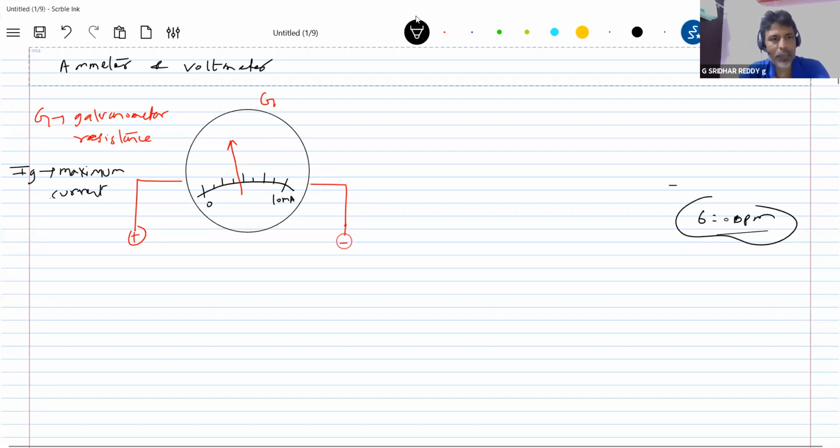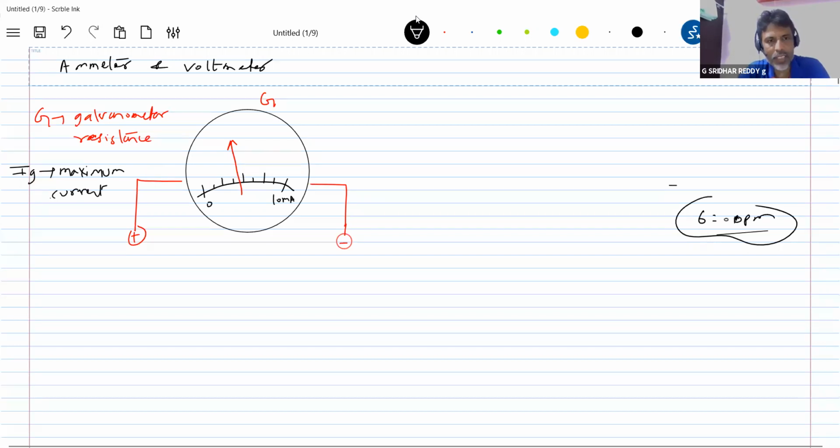If you send 10 milliampere, the pointer will be at 10 milliampere. If you send 5 milliampere, the pointer will be at 5 milliampere. If you send 1 milliampere, 1 milliampere. If you send 20 milliampere, the pointer cannot go beyond; it will stay at 10 milliampere and it may get damaged. Any current more than Ig will damage the galvanometer.